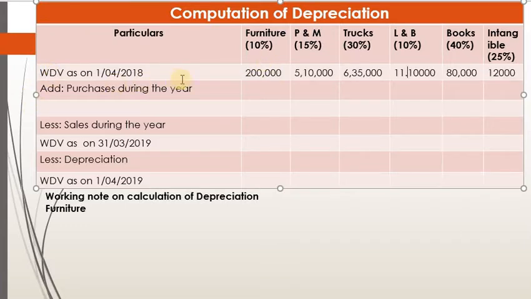So these are the written down values as on 1/4/2018. Furniture 2 lakh, plant and machinery 5,10,000, trucks 6,35,000, land and building 11,10,000, books 80,000 and intangibles 12,000. Now we have to add purchases during the year.